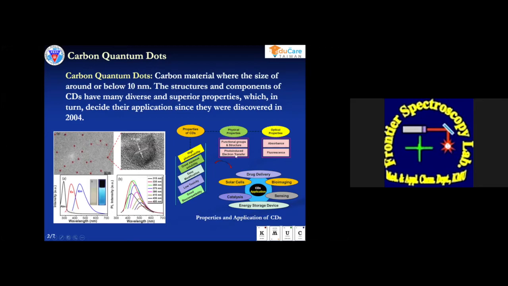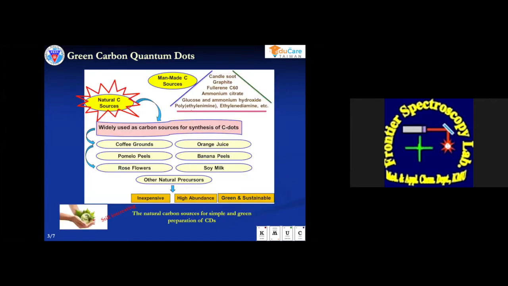As you can see in this slide, the carbon quantum dot can be applied in many different fields, such as chemical sensing, bioimaging, and even energy storage devices. And other than the carbon quantum dots, we are also interested in using green sources for producing the carbon quantum dots for the purpose of green and sustainable consideration.